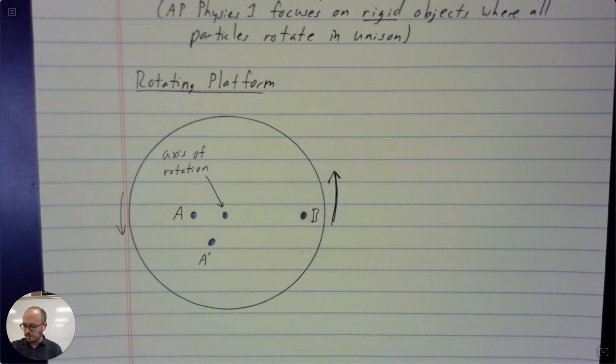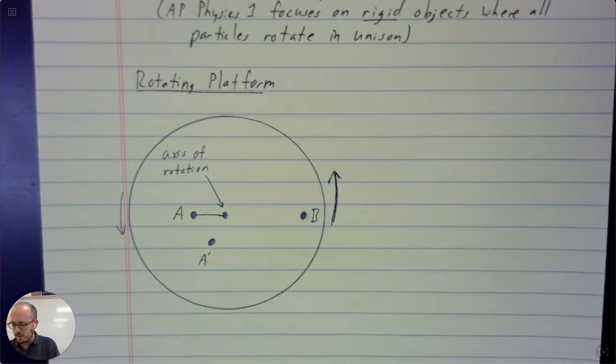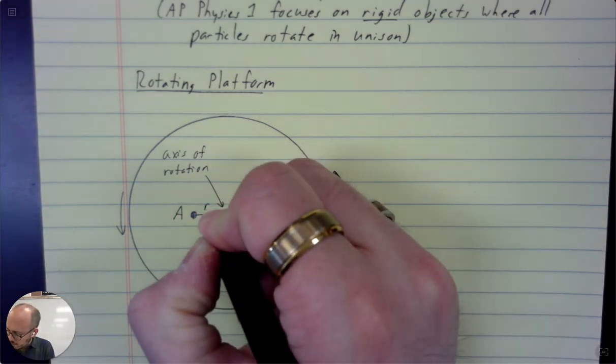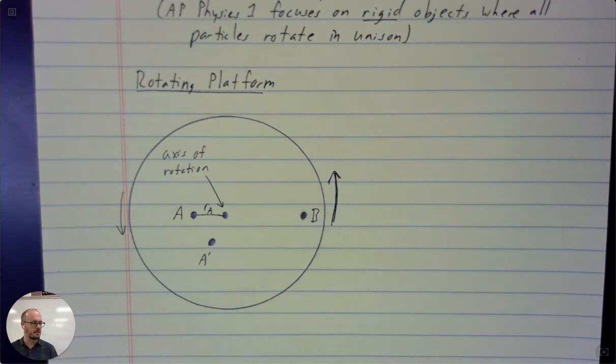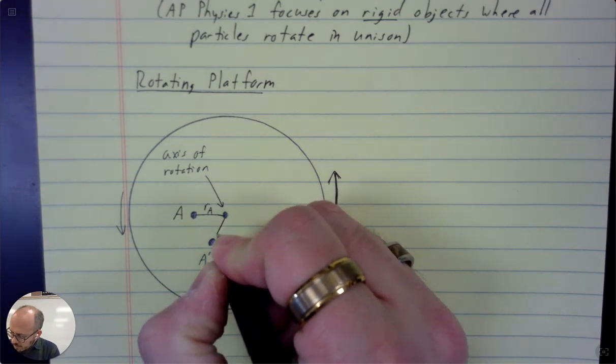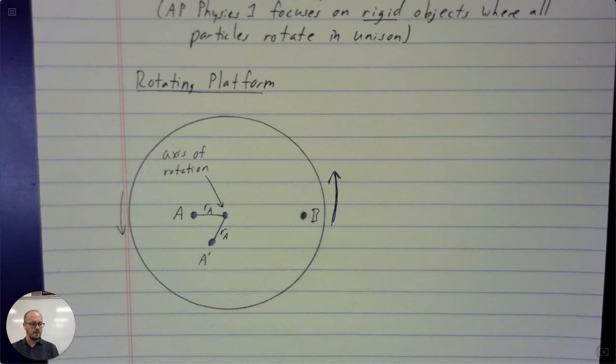And so let's label some things about A. So there is, I can measure this distance. A is a certain distance away from the axis of rotation. And this is a circle, so let's label it R for radius, and it's the radius that point A is away from the center. Now, just rotating it doesn't actually change that distance, and so the value of R is constant.